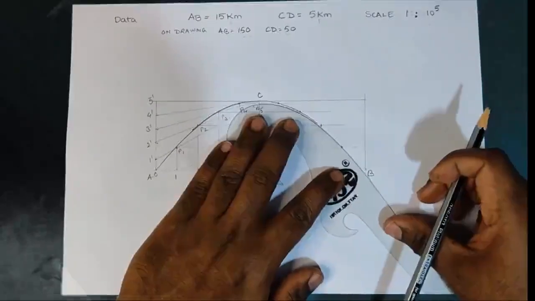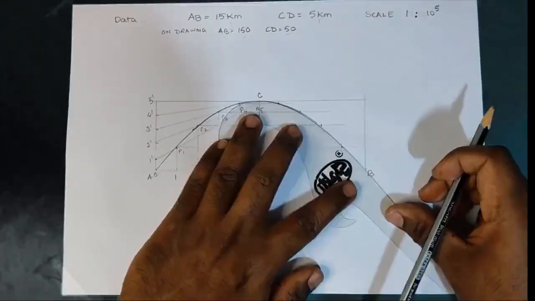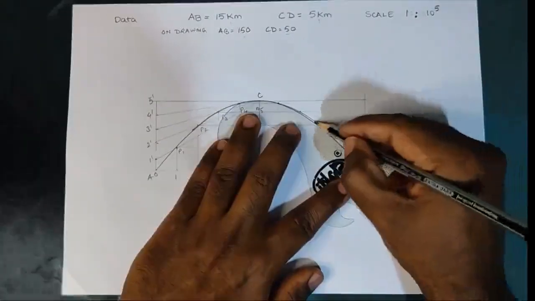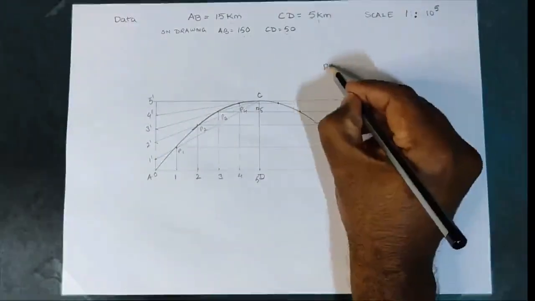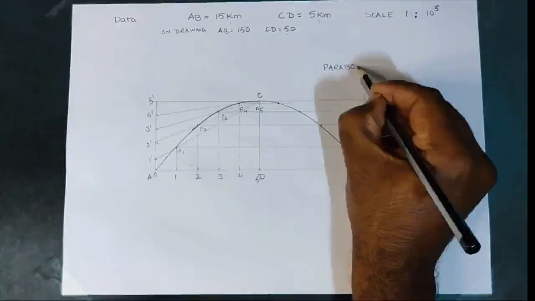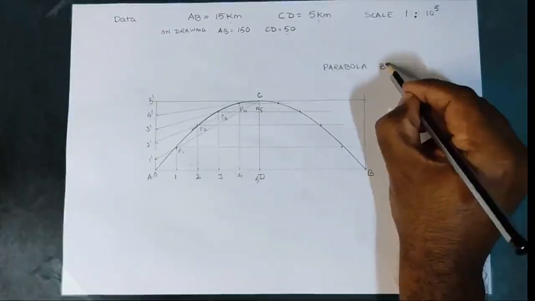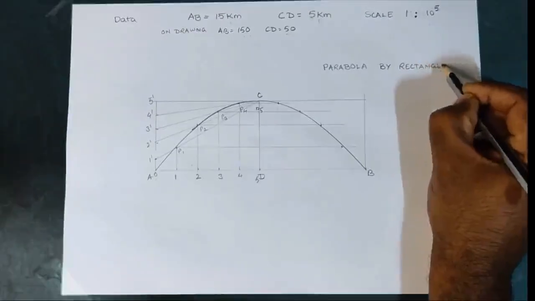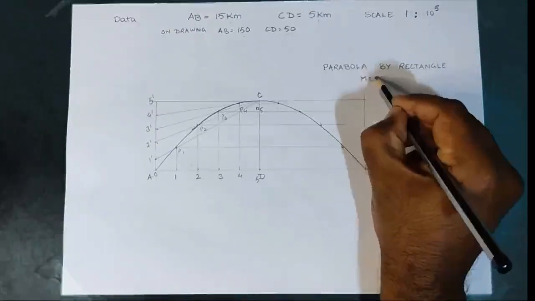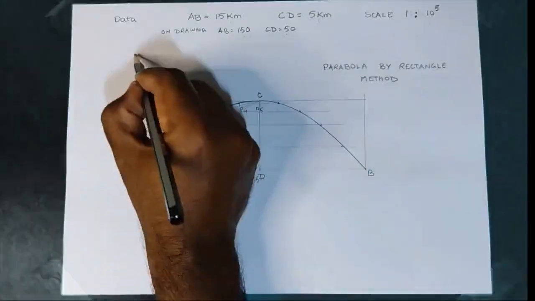So I'll adjust more and then I draw a continuous curve passing through all the points. So this is the parabola drawn by using the rectangle method, and this is the required solution.